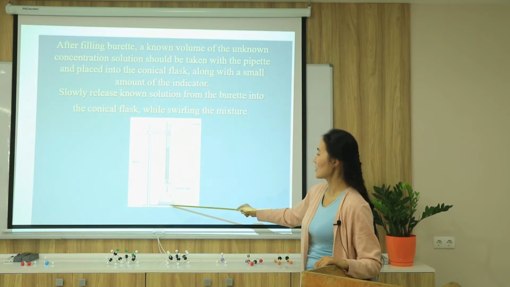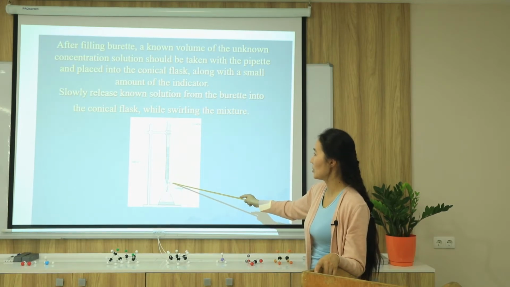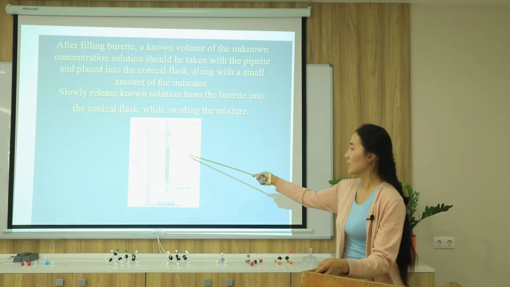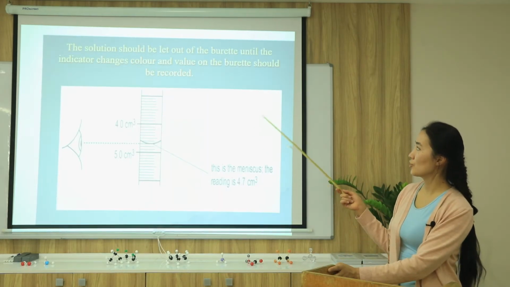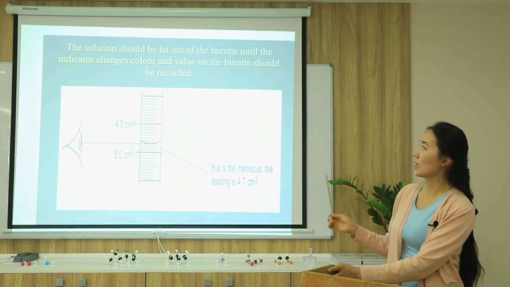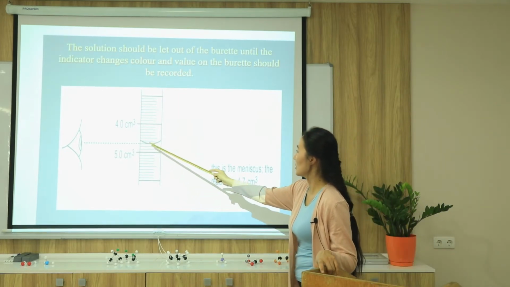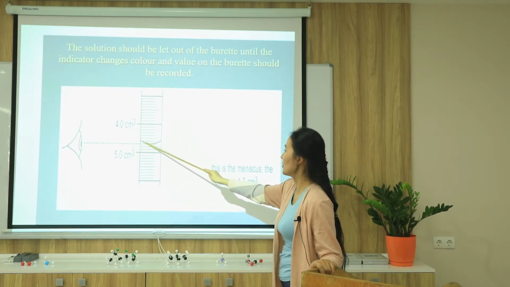The conical flask also has a mixture with the indicator, and from here we open the stopcock and very slowly add our standard solution. The solution should be let out of the burette until the indicator changes color. For example, from 4 to 5, that will be the end point.